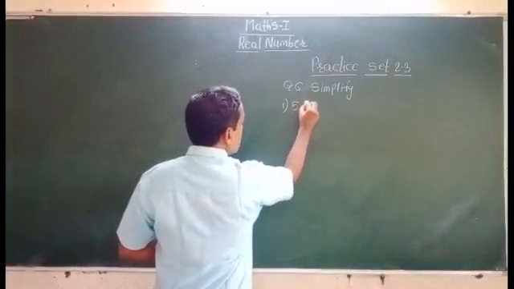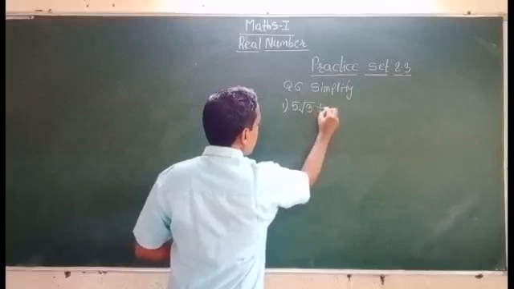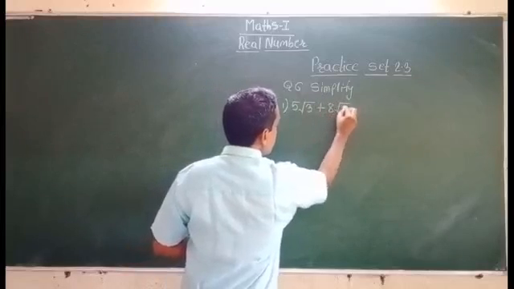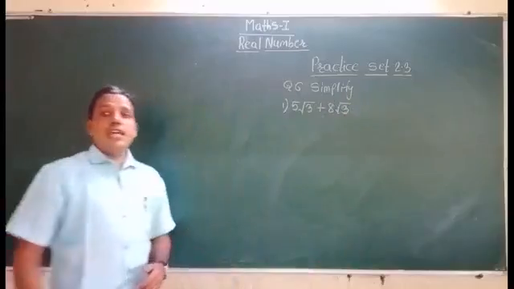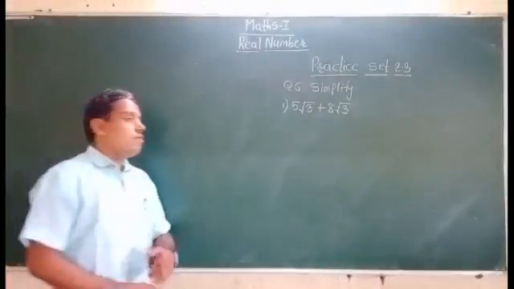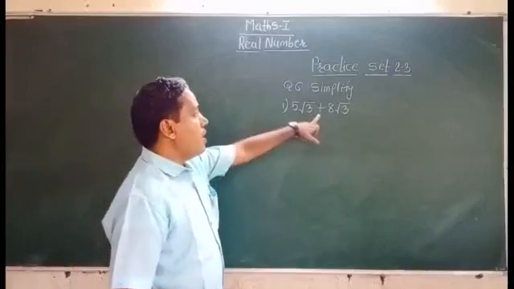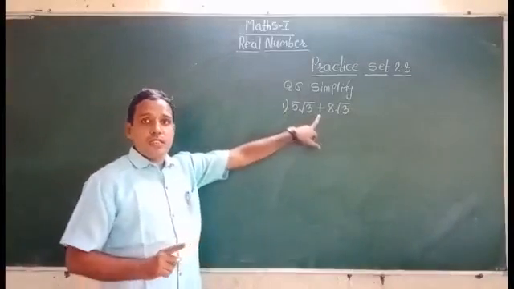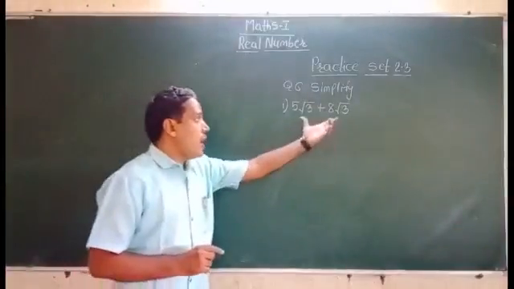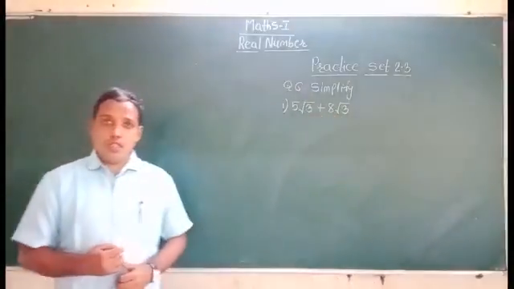So the first example is 5 surd 3 plus 8 surd 3. In this example, we see that addition takes place. That means we will add the given two surds.